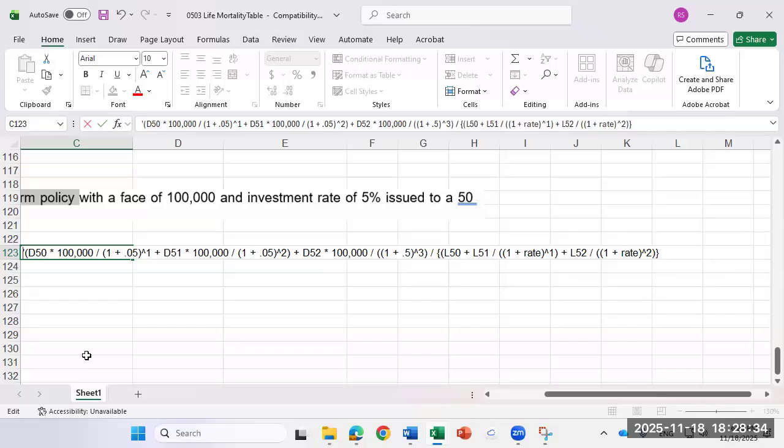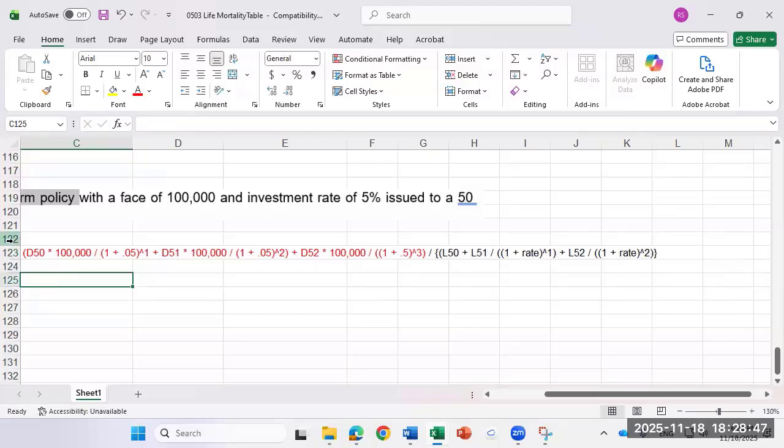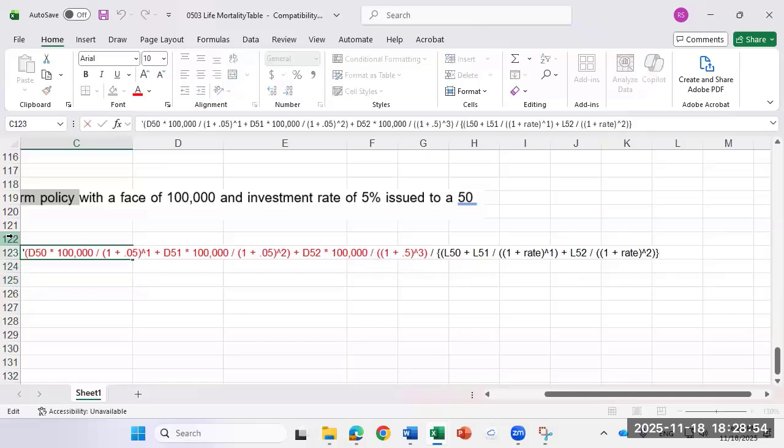So your numerator, denominator. I'm probably missing a parenthesis somewhere.